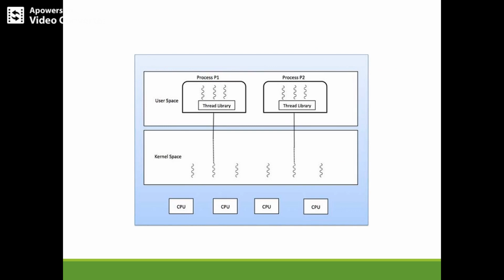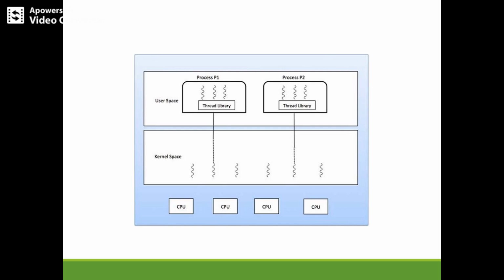So here you can see the user space and the kernel space. In this many to one model, many user threads will be mapped to one kernel thread. You can see that in kernel space there will be several kernel threads running, but for a particular process, exactly one kernel thread will be mapped. Next, there will be many processes in the user space, and for each different process a new kernel thread will be mapped.